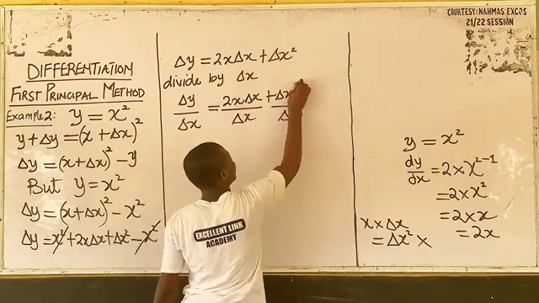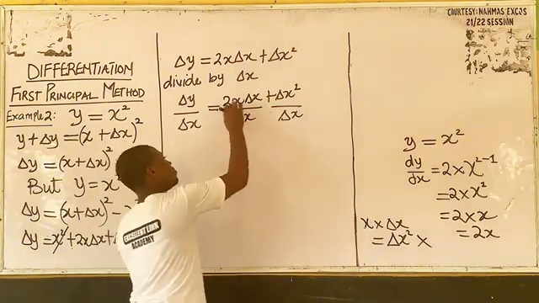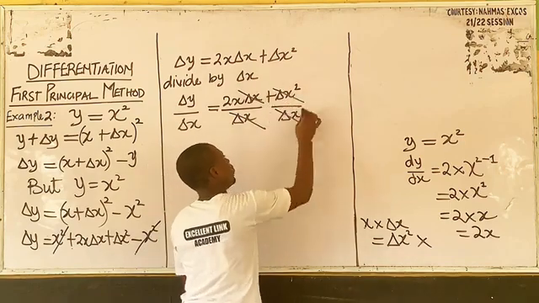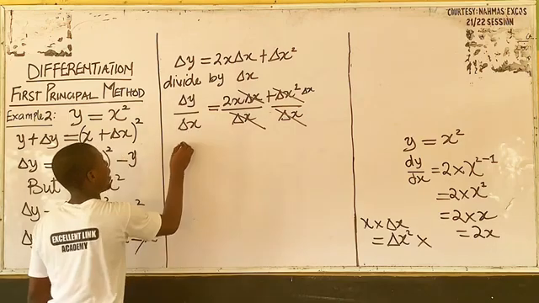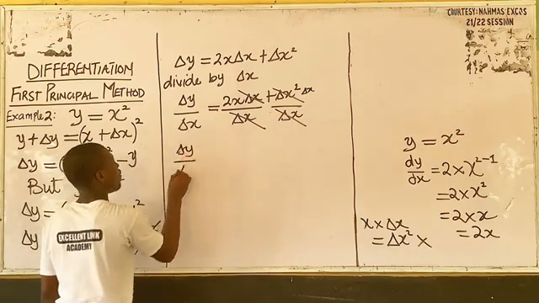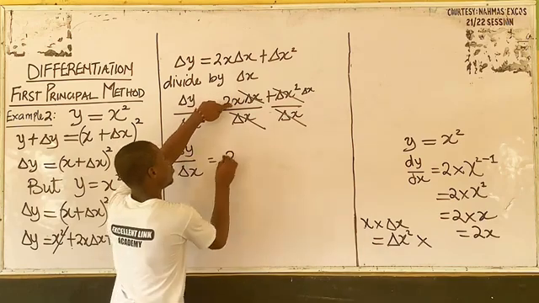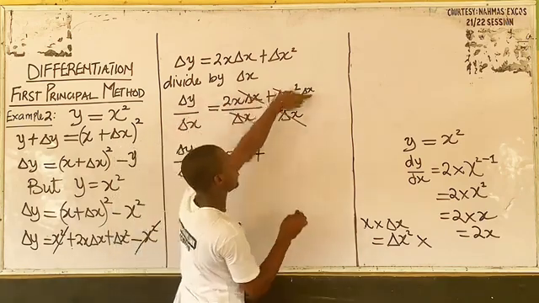Mind you, I have a square here. What comes to mind here? This will cancel this. This one will cancel this. But I'll be left with one of it up here. So therefore, I'll have change in y over change in x equal to, I'm left with 2x here plus change in x here.